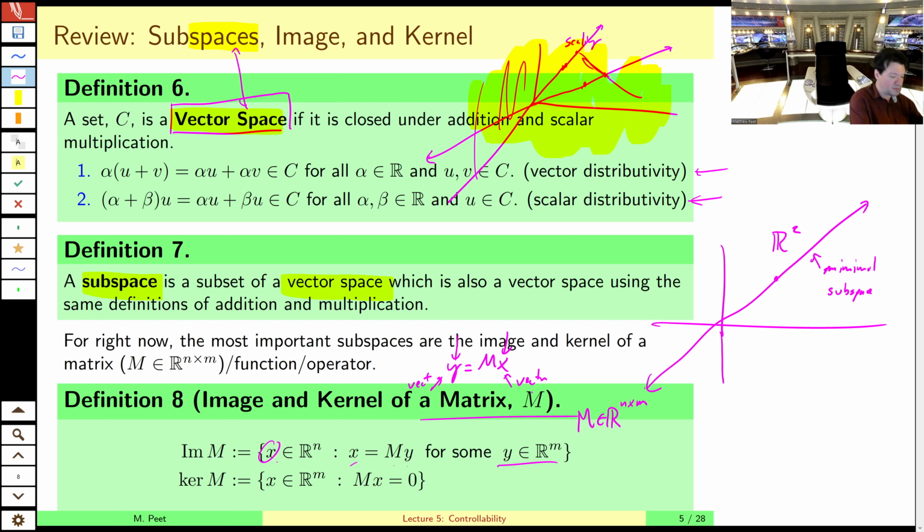So the image then is a set of points y or x. Sorry, I'm mixing up, I should be reversing these here. The set of points x for which there exists a y such that when you multiply it by m, you get x, right? So it's the image. You've got your x's, and y is the whole Rm.